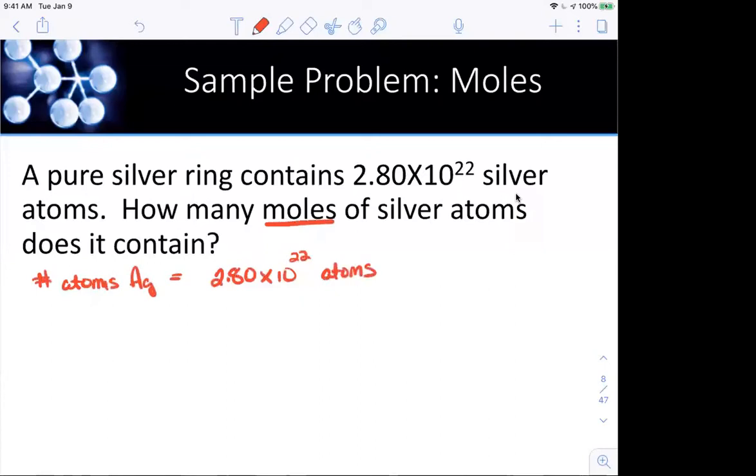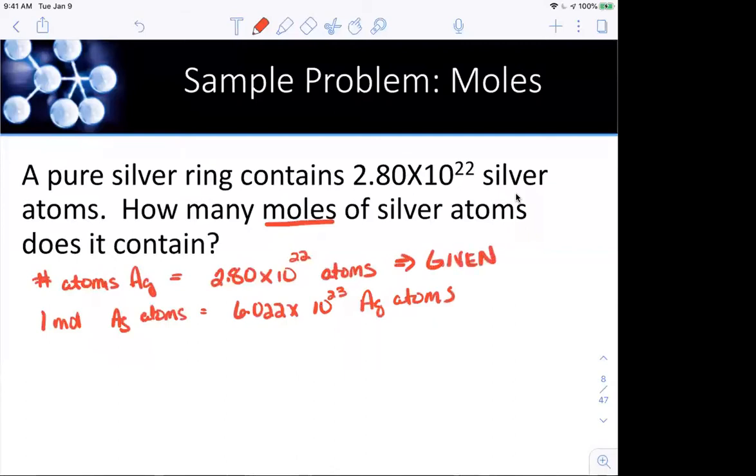I know that for every 1 mole of silver atoms, I have 6.022 times 10 to the 23rd silver atoms. Those are the relationships that I have.